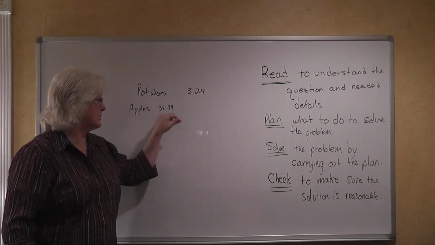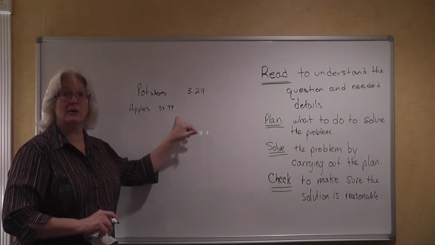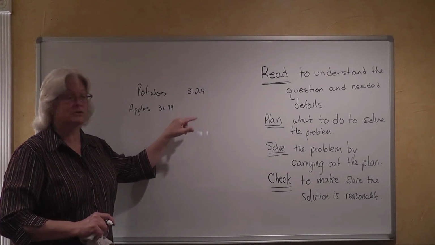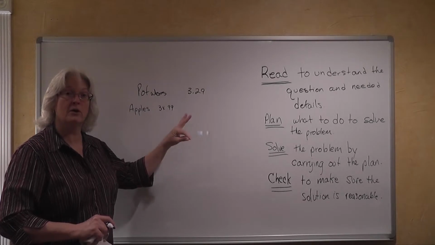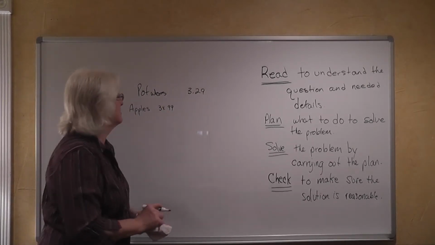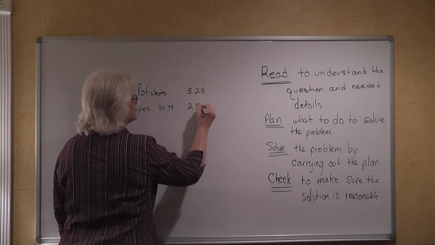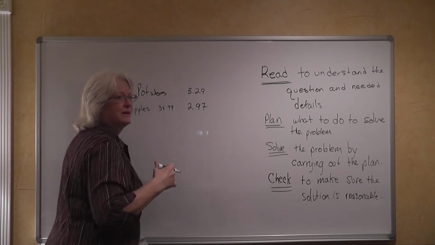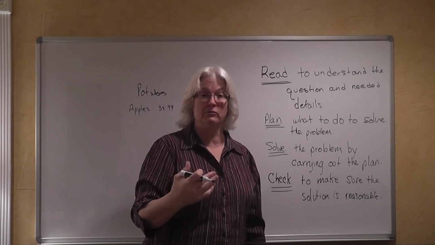And I didn't do it by multiplying 3 times 99. I said 3 times 100, 3 times a dollar is $3, but it was just 1 cent less than a dollar 3 times, so I have $3 minus 3 cents is $2.97 for apples.